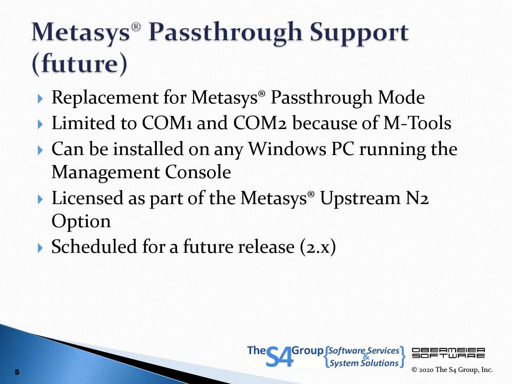Another future enhancement will implement a virtual COM port managed by the S4 Open Management Console that enables standard Metasys utilities to be installed on any Windows PC in the enterprise. As an interim solution, use Ethernet serial servers and the upstream N2 interface of each N2 router. See the published article describing how a critical environment has implemented this solution.